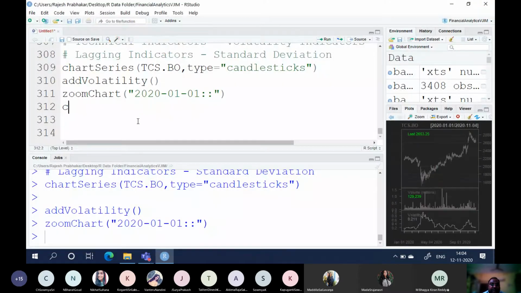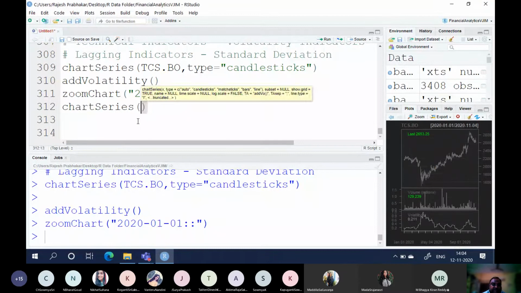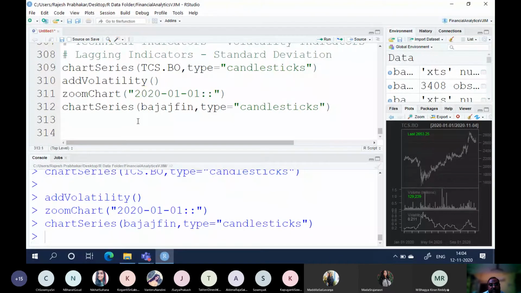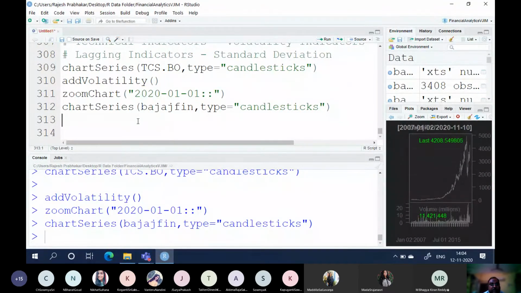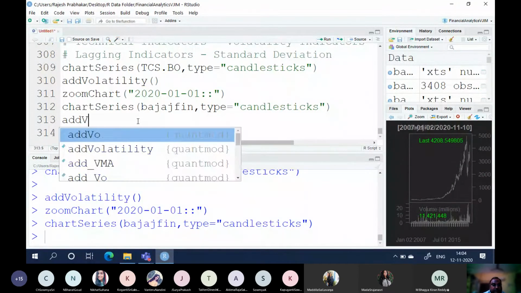Similarly, if you chart series Bajaj Finance, comma type is equal to candlesticks, you get the Bajaj Finance stock, and then add volatility.